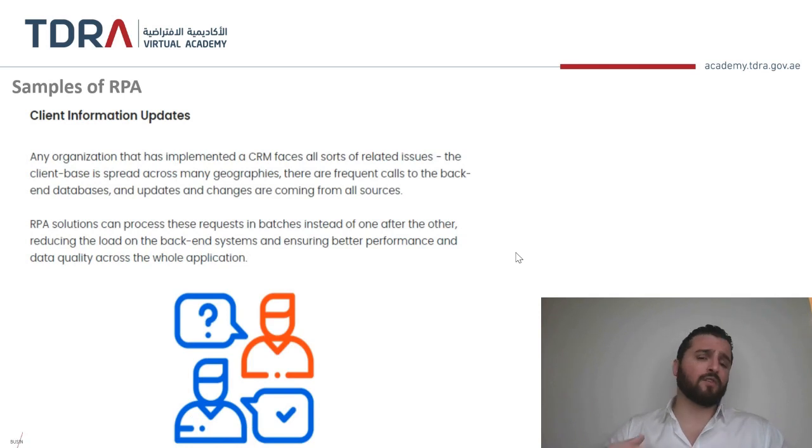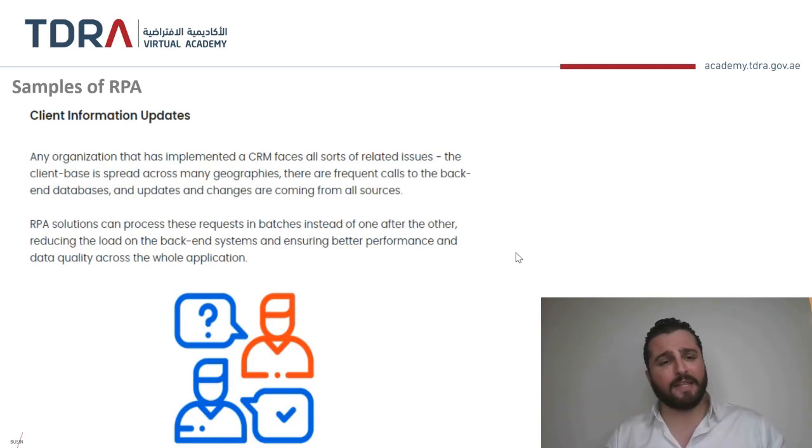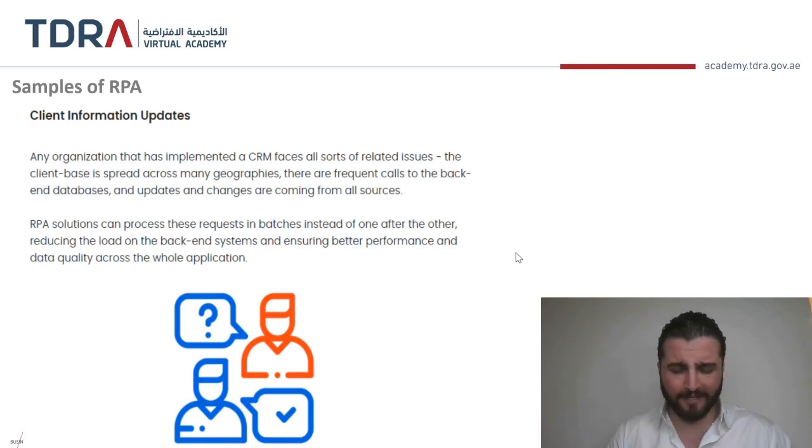Client information updates, for example, and you know the KYC in the financial sector, I call it kill your customer, and it's usually referred to as know your client or know your customer.